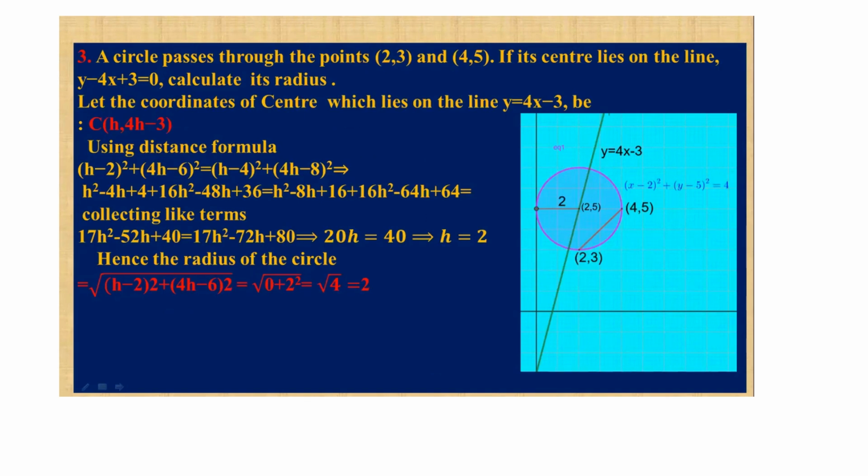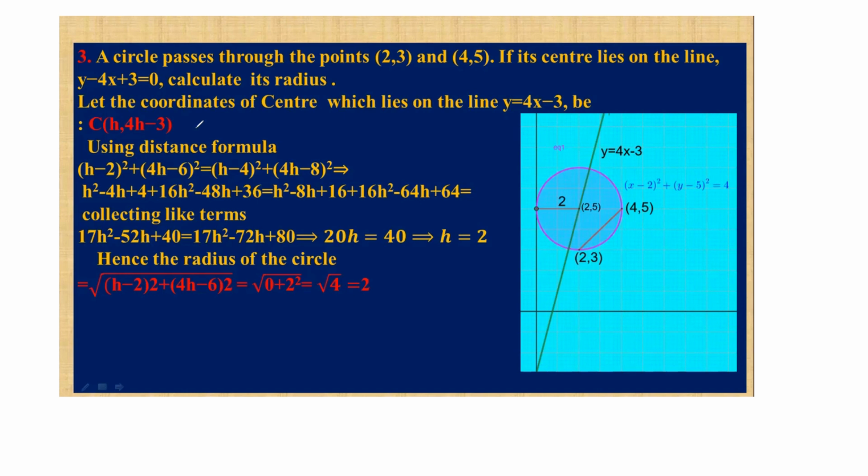A circle passes through the points (2, 3) and (4, 5). If its center lies on the line y equals 4x minus 3, or y minus 4x plus 3 equals 0, calculate its radius. The question is to calculate the radius of this circle.